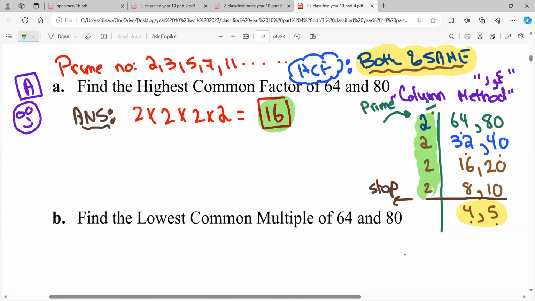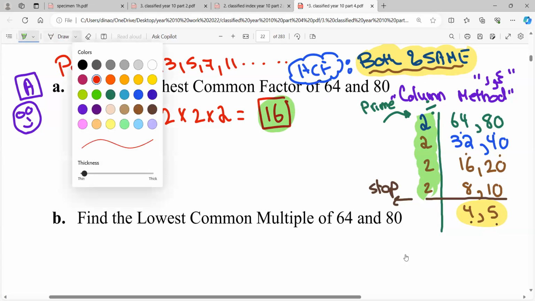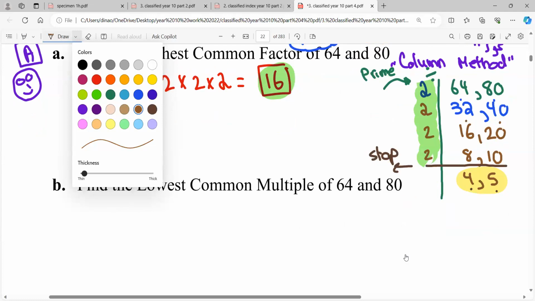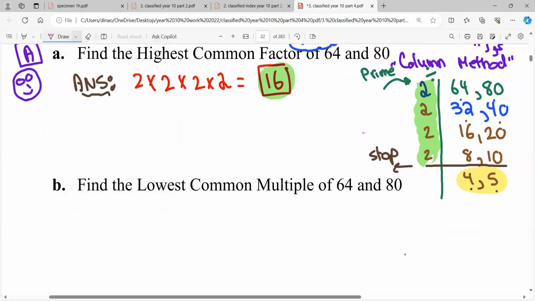طيب نيجي بقى هنا في السؤال اللي تحتيه بيقول لي find the lowest common multiple. الميزة بقى في طريقة العمود إيه؟ إن أنا I can use the same عمود to find the LCM. So let's see.